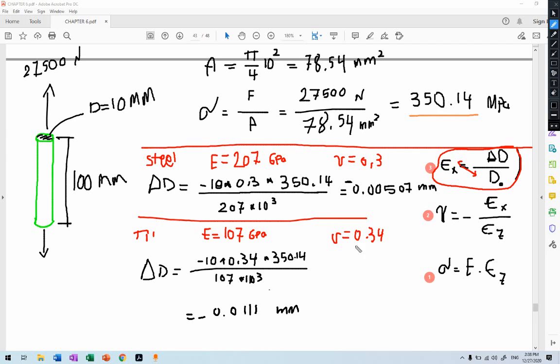Now we found the two delta D. One of them is minus 0.00507. The other one became minus 0.00111 millimeter.